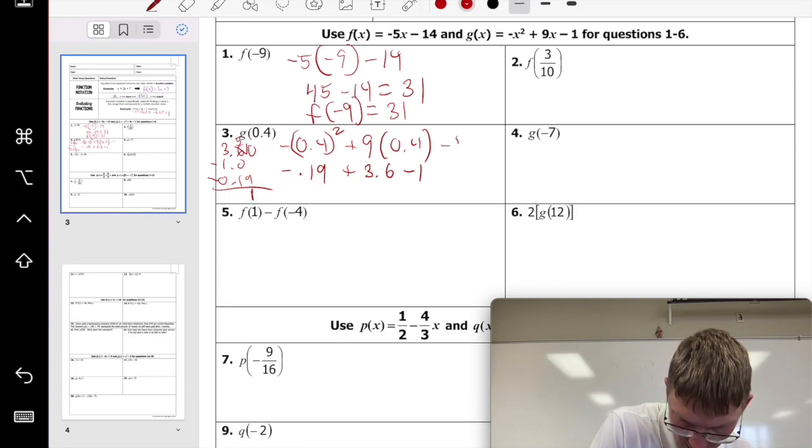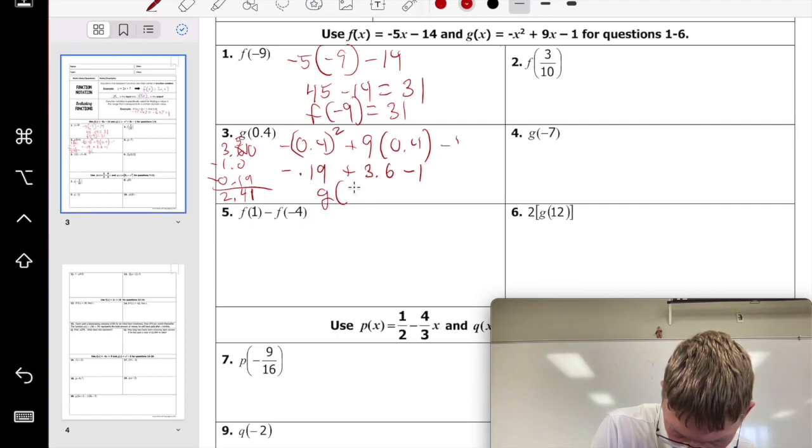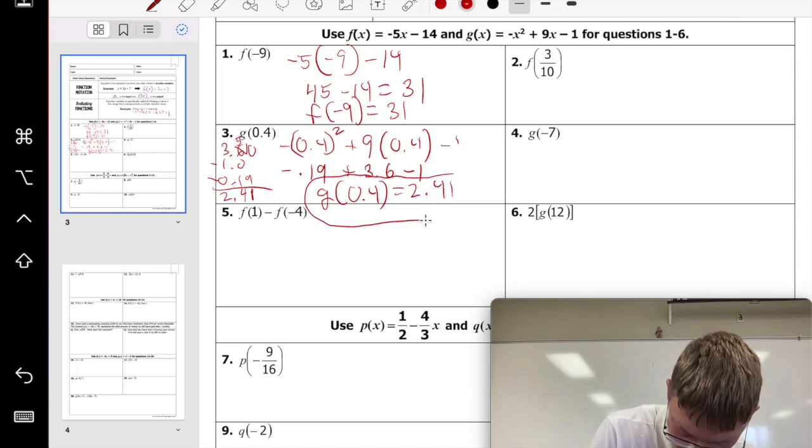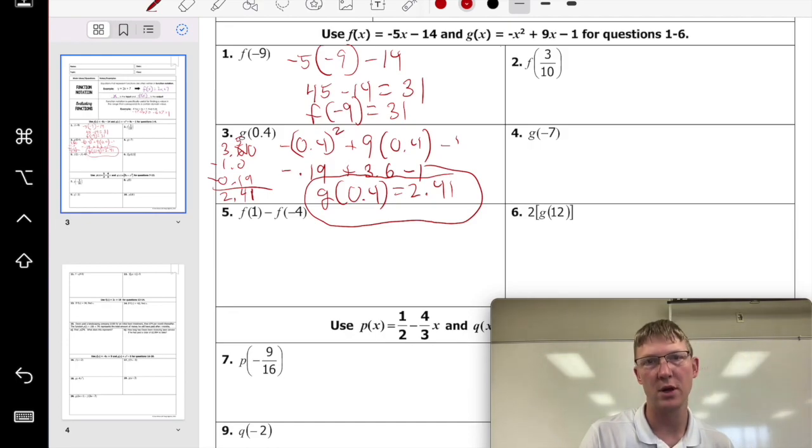That turns into 5. 5 minus 1 is 4. And then 3 minus 1 is 2. So g of 0.4 equals 2.44. There's our answer.